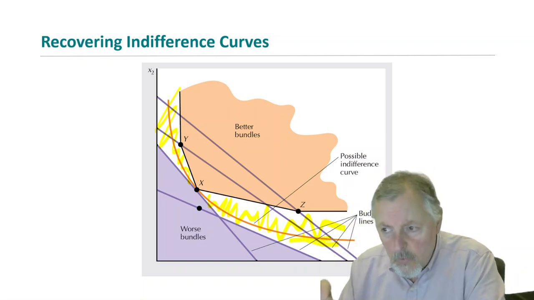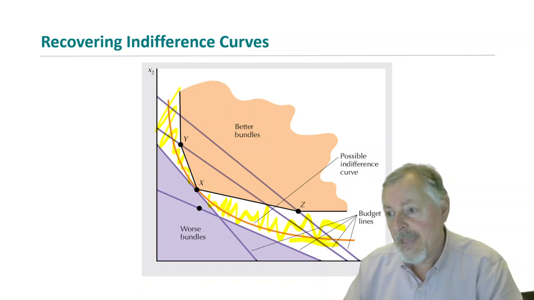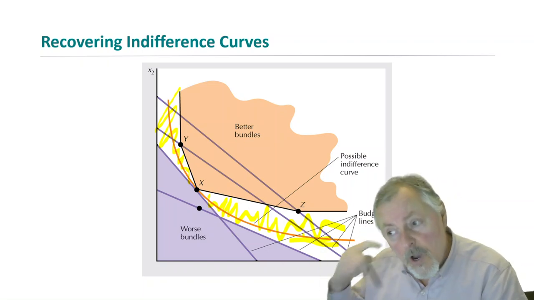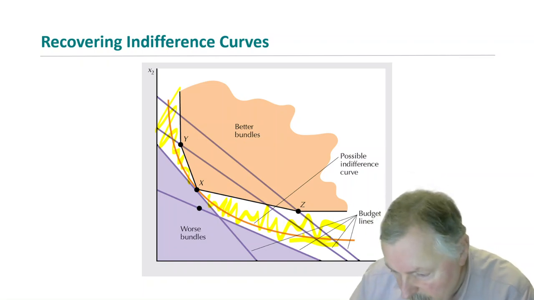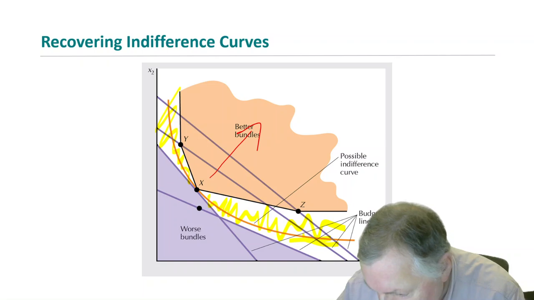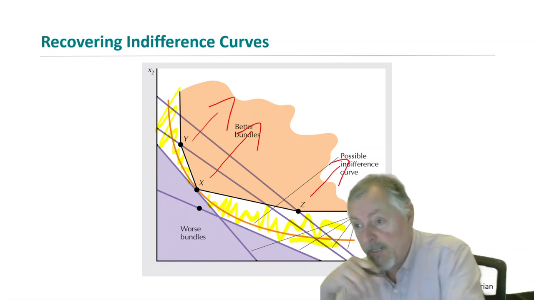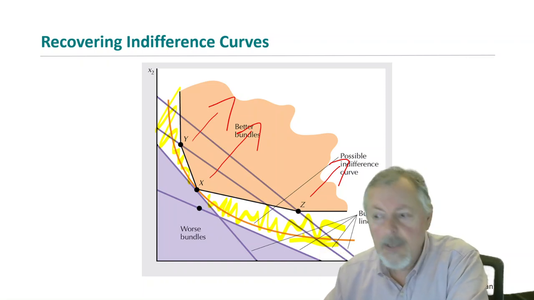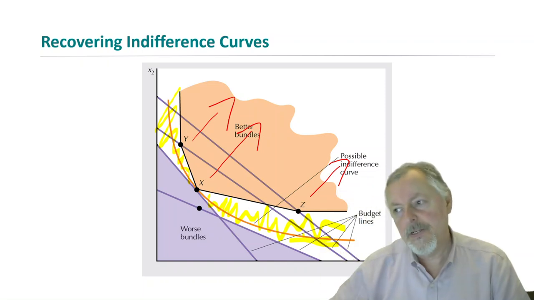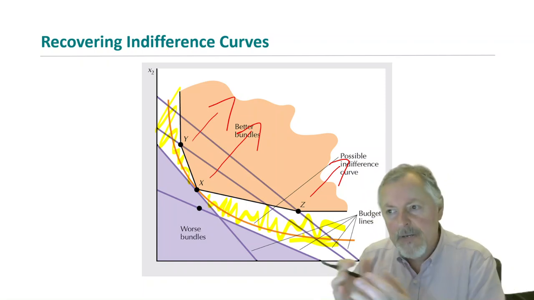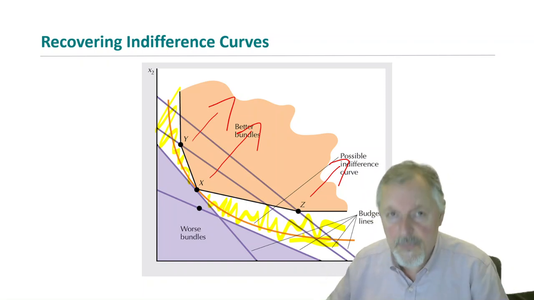The way we know that the indifference curve has to be in there is, well, we know it's not northeast of bundle X, or Y or Z. We know that would be a different indifference curve because anything to the northeast of those, up and to the right, that bundle is going to contain more of both things.